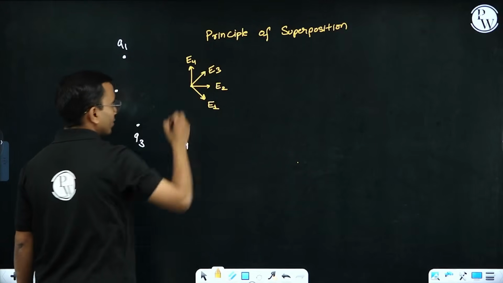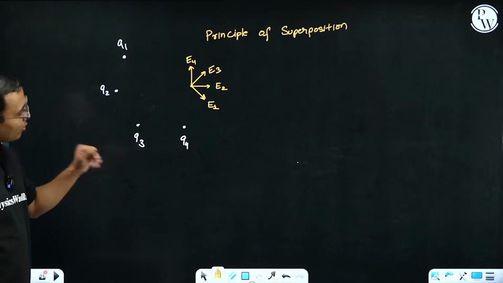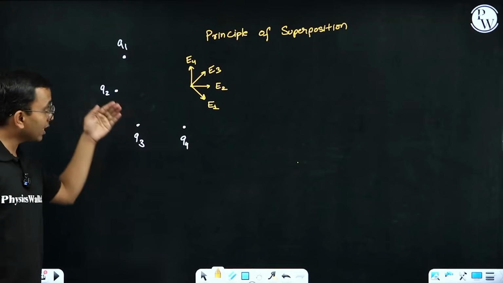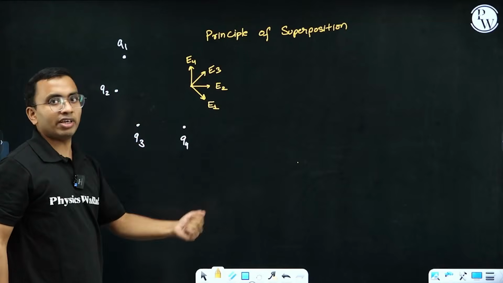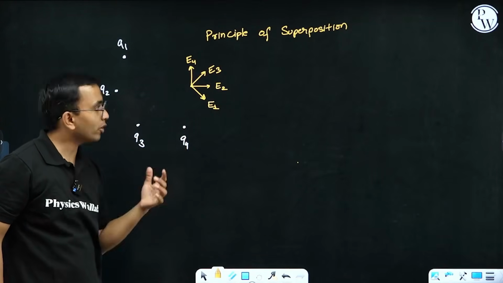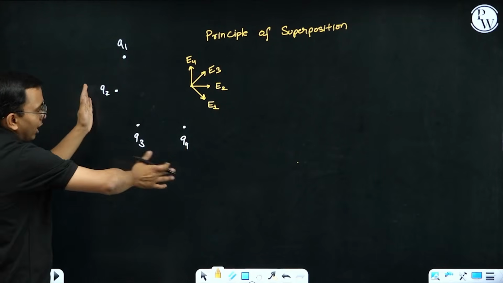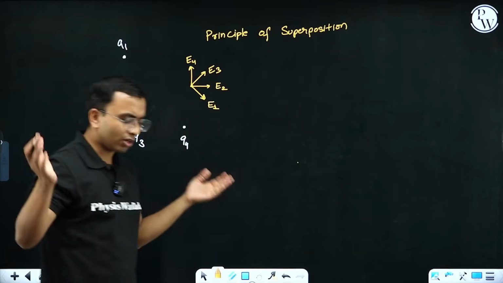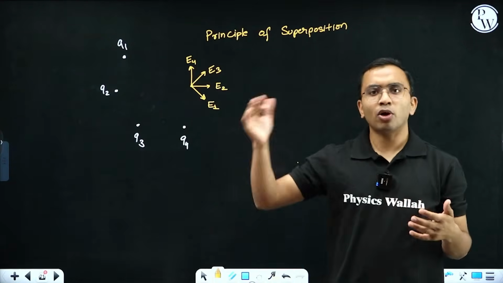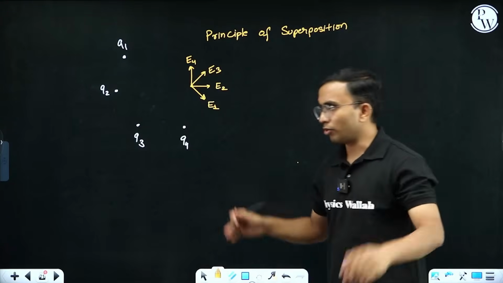Okay, so one more thing, if the charge is positive, the electric field line, the field we show, is away from the charge. If it is negative, it is towards the charge. I'm considering q1, q2, q3, q4 as positive, therefore I showed this direction. If any one of them is negative, the vector will automatically become opposite, so need not worry about that.